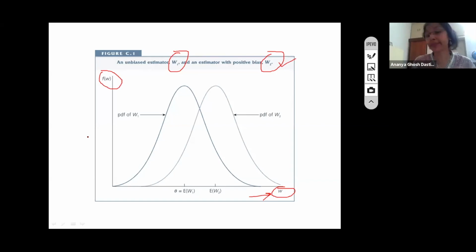Now, what are these random variables being used for? Just like we are using beta hat to estimate the unknown parameter beta, W1 and W2 are two alternative estimators for one unknown parameter called theta. So there is some unknown population parameter. The population, as you know, is the entirety of the variable being talked about.